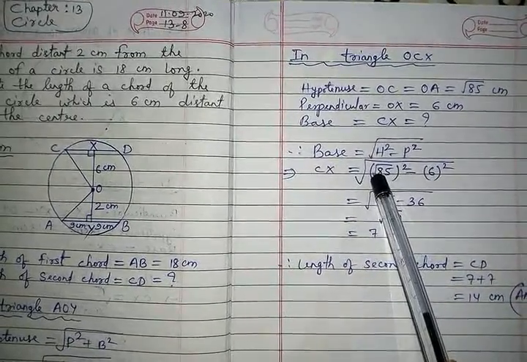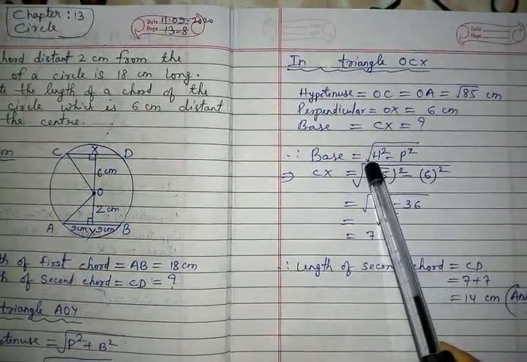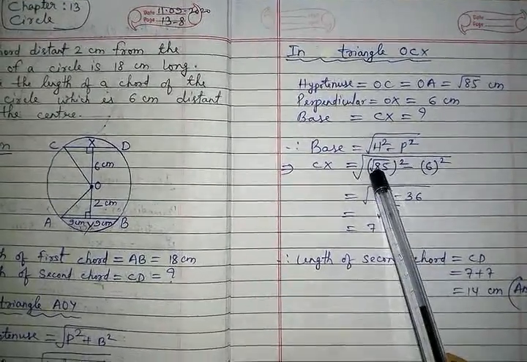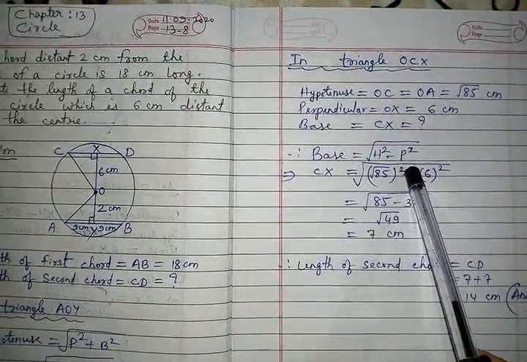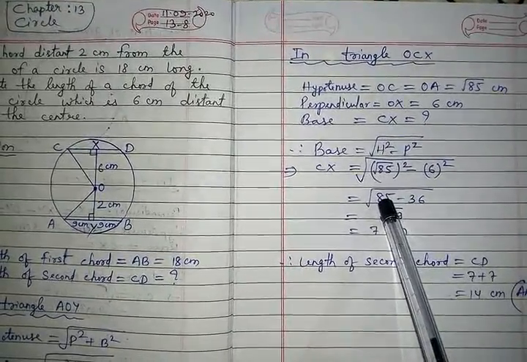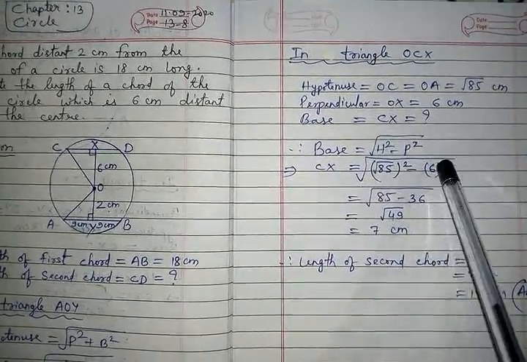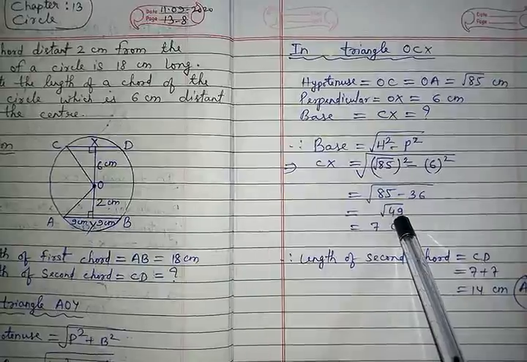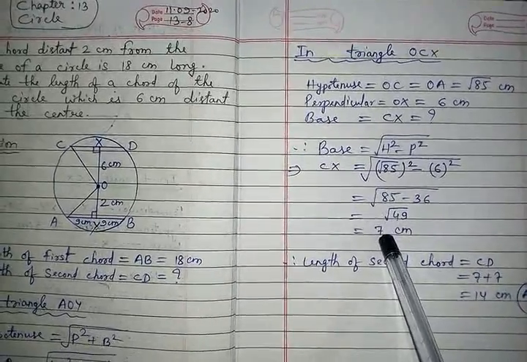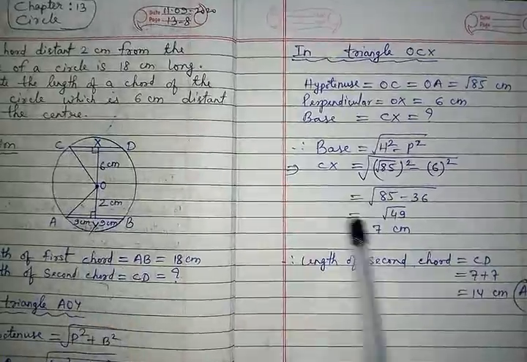Whenever we have a root inside and there is a square outside, the square and root vanish. You need not multiply 85 two times, just remove the root and square, so we have only 85 here, and 6 square you write 36. So 85 minus 36 is 49, root 49 is 7. So CX, that is the base, is 7.